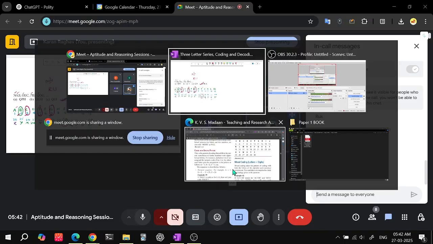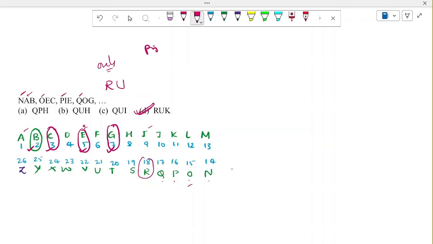What are they? Prime. Yes, they are prime numbers. It should be K, because after 7 we will get 11. That's why the option is D, and which is correct one.